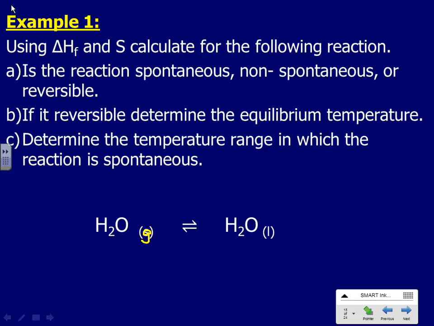Determine the temperature range over which this reaction is spontaneous. Okay, this is where we have to use the logic of our table. And I've got a little bit of an explanation note to go with this at this point.